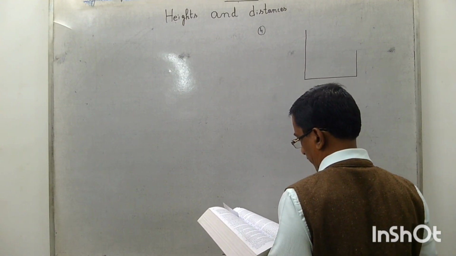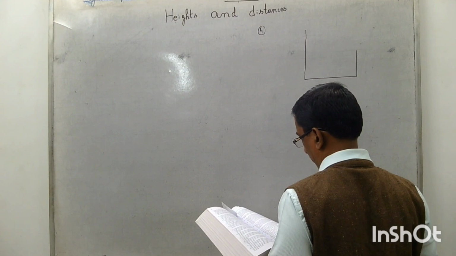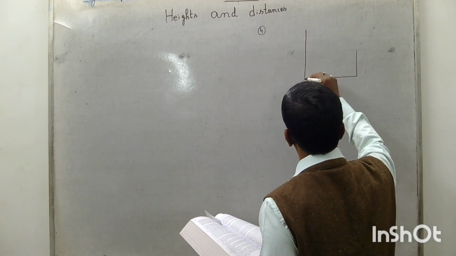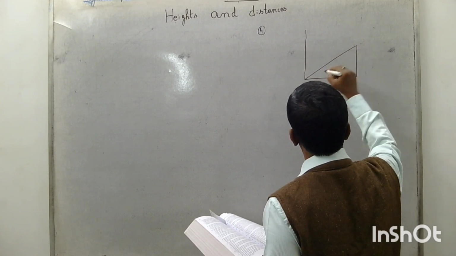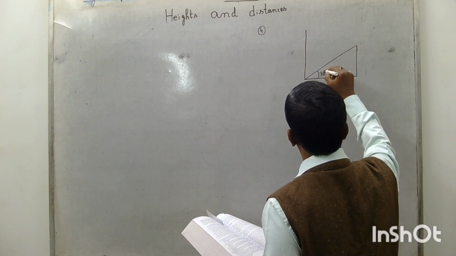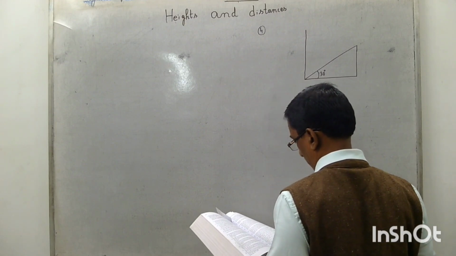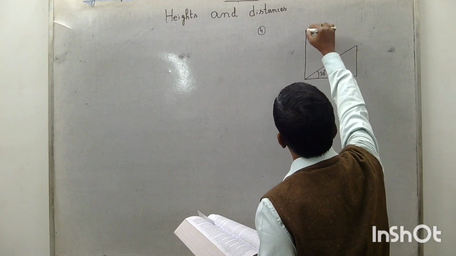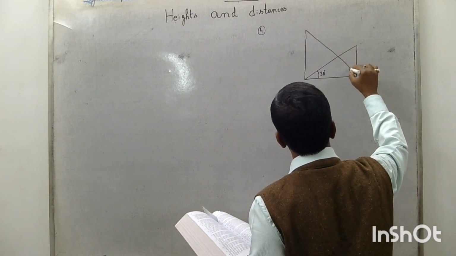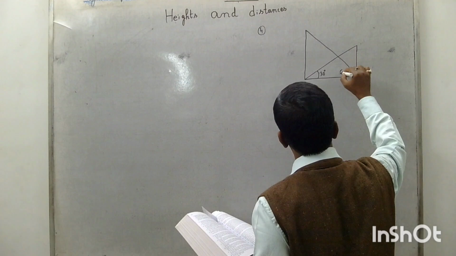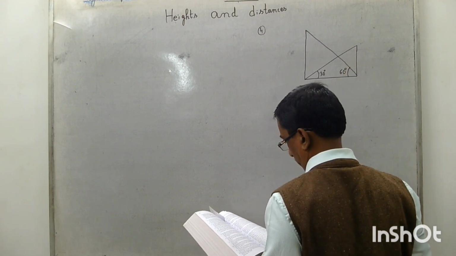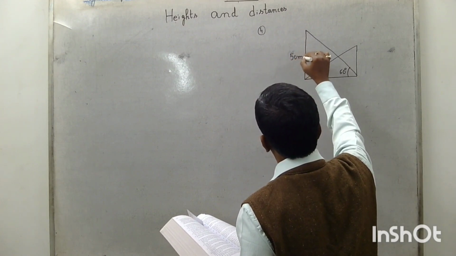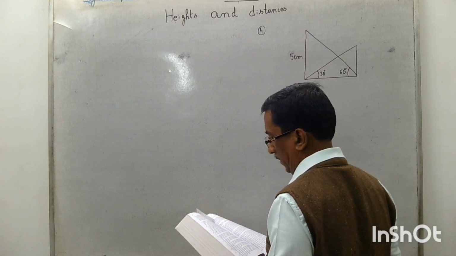The angle of elevation of the top of the building from the foot of the tower is 30 degree. And the angle of the top of the tower from the foot of the building is 60 degree. If the tower is 50 meter high, find the height of the building.